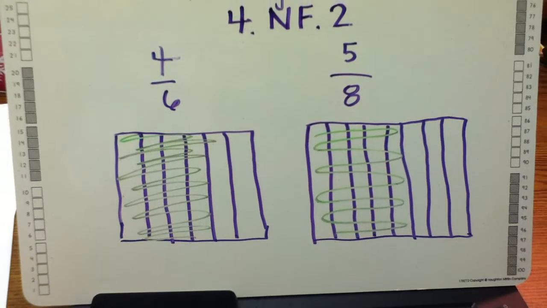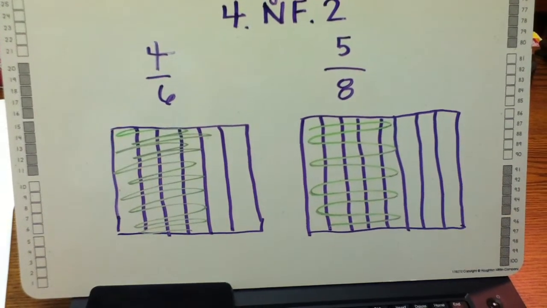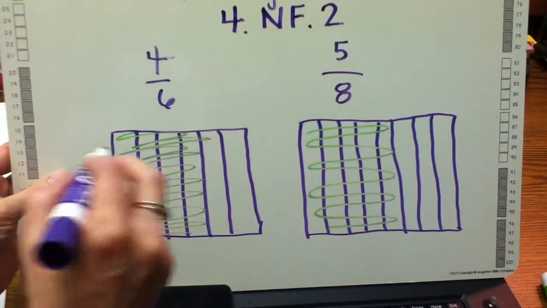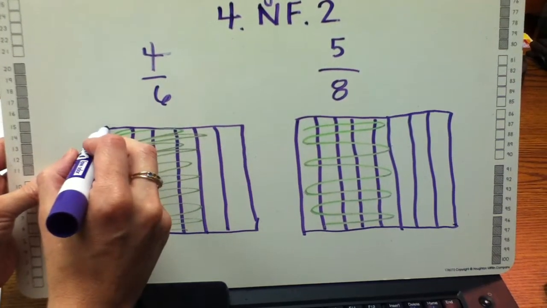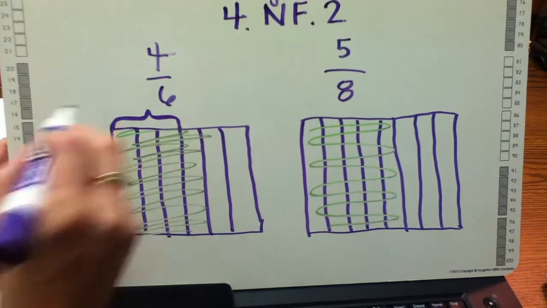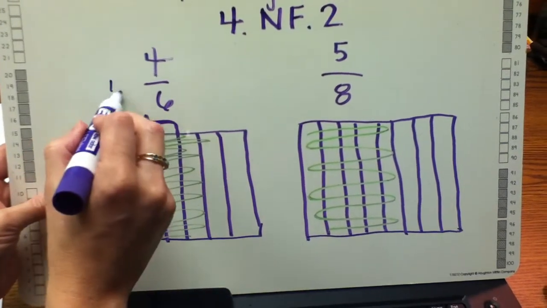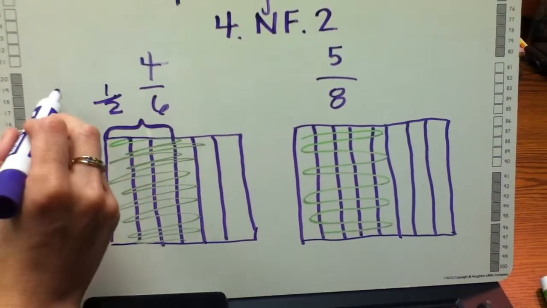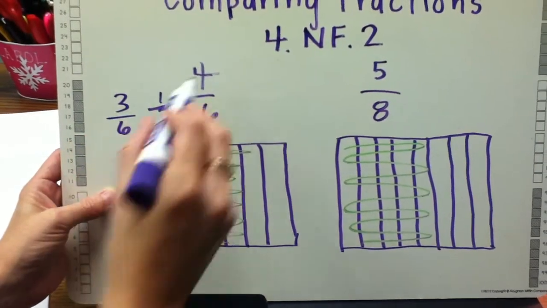And if I think about the benchmark of 1/2, I can actually look at this area model and see that half of it represents part of the fraction. So this is half, which is actually 3/6 of the 4/6.